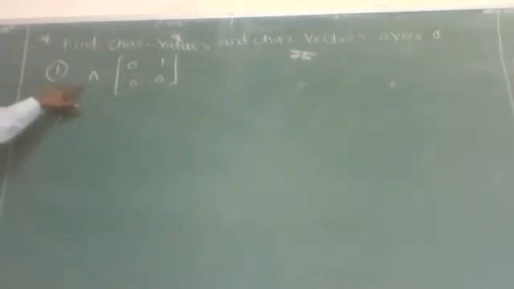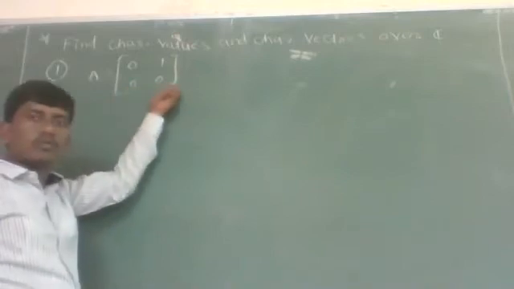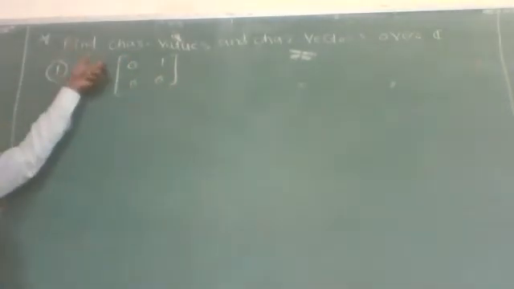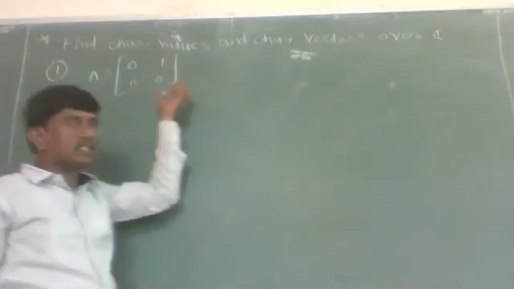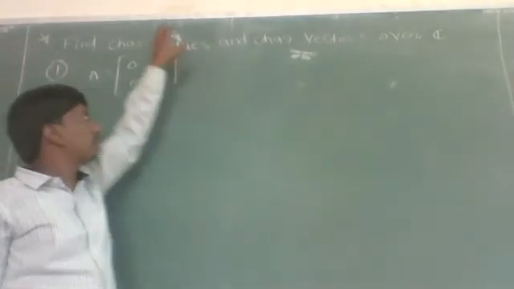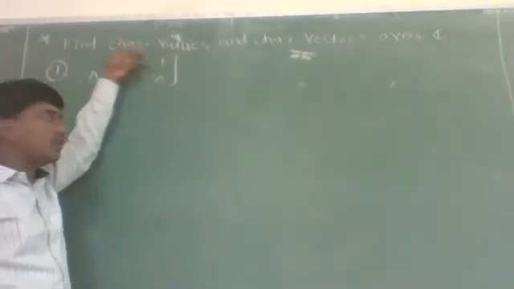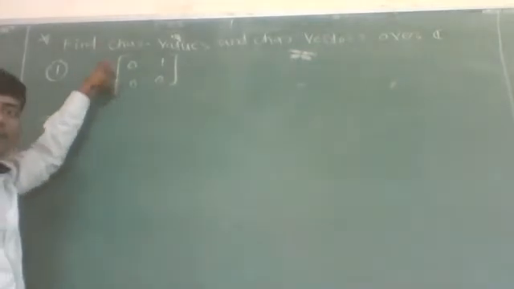Given that A is a matrix of order 2 cross 2. Now to find out the characteristic values, we have to first find out the characteristic polynomial of this matrix, and we know how to find the characteristic polynomial of a given matrix.